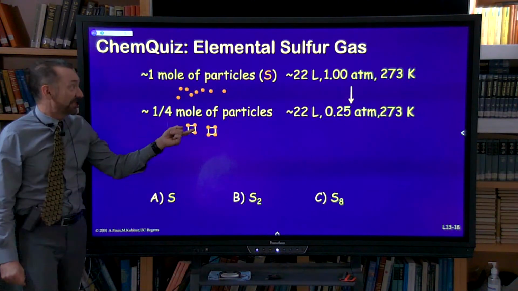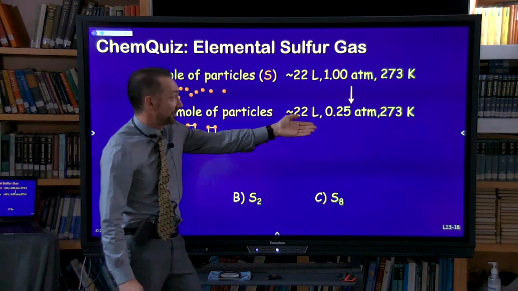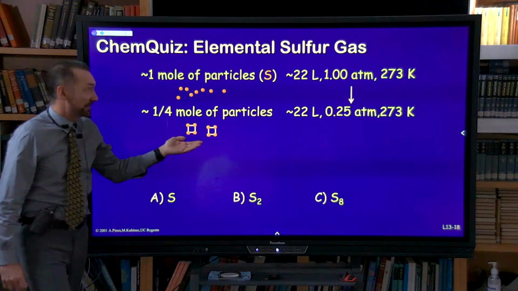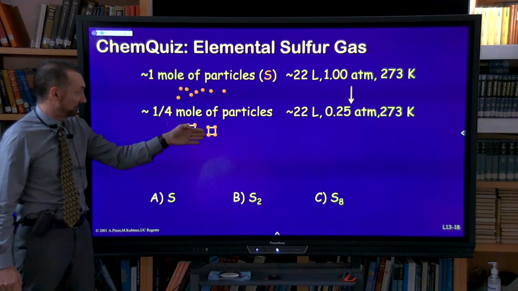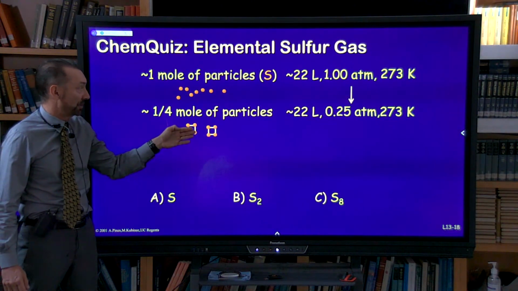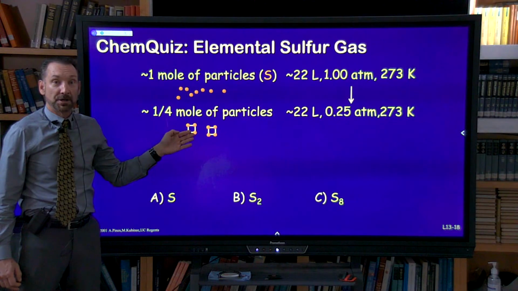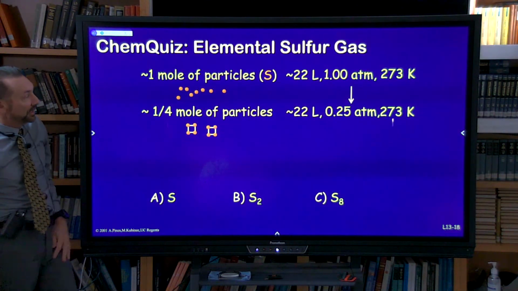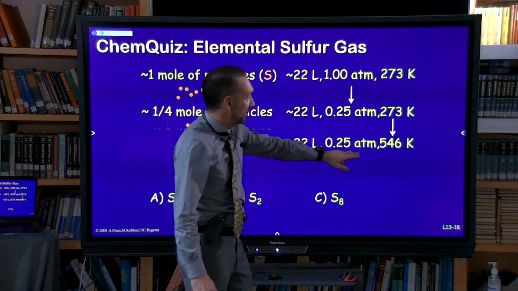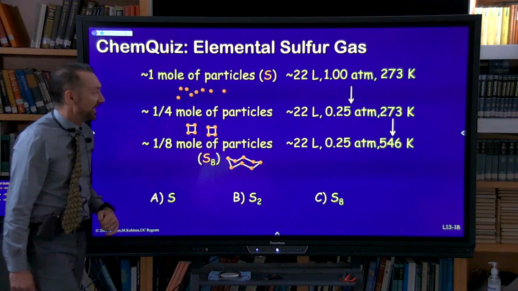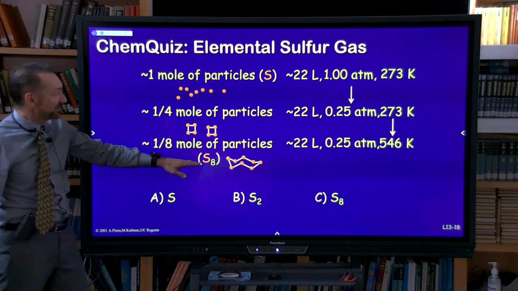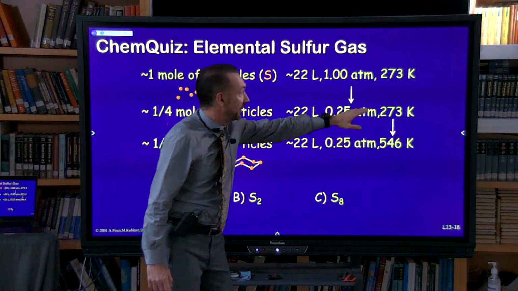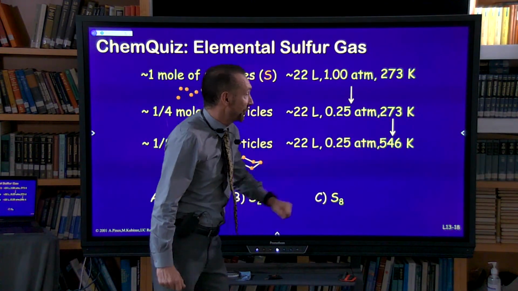So in that case, and now I've kept the temperature the same, that would be the same kind of reasoning. You would say, well, there must be a quarter of the number of particles. So that would say it's something like S4, but the temperature is also twice as high. So that says I have a factor of 2 in temperature.